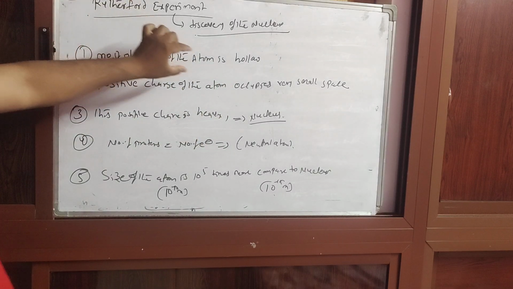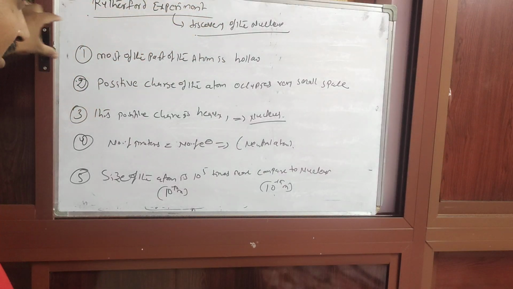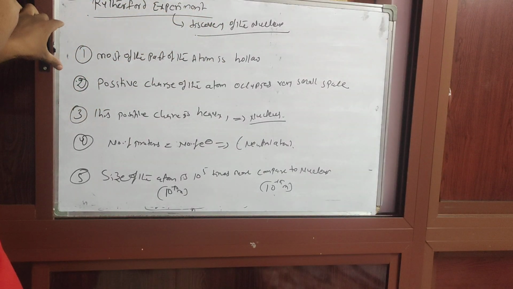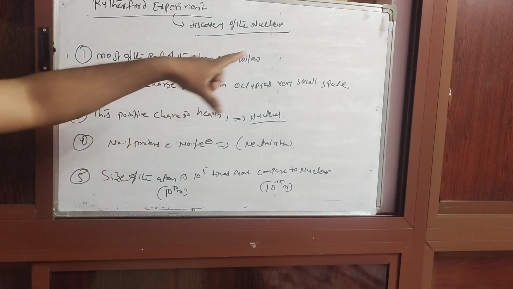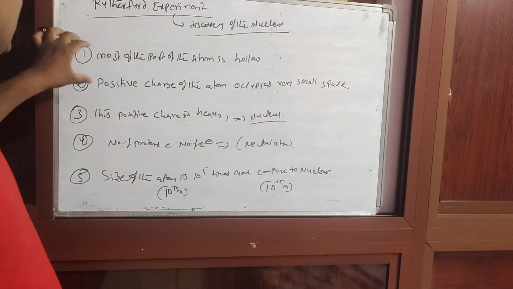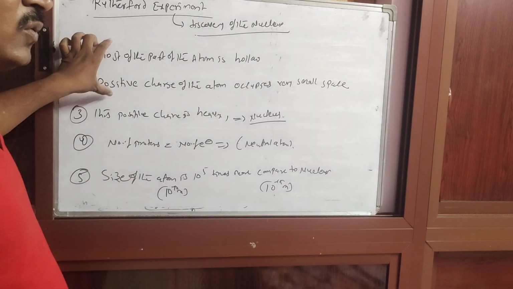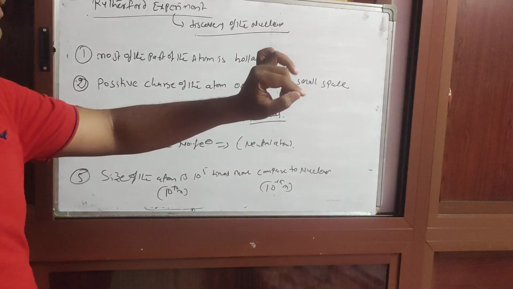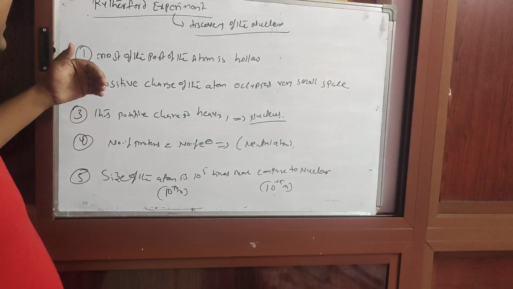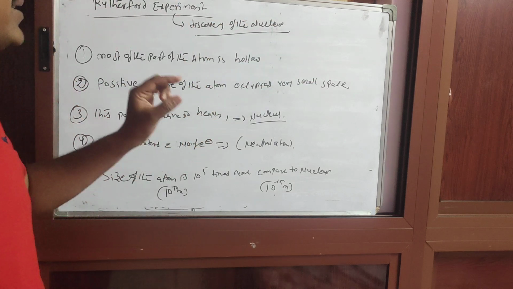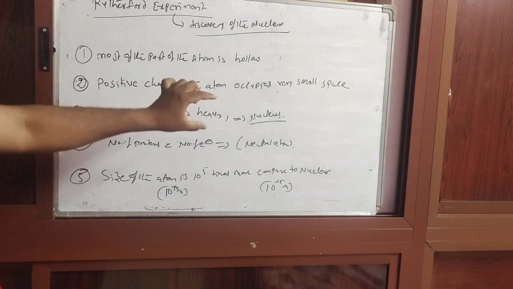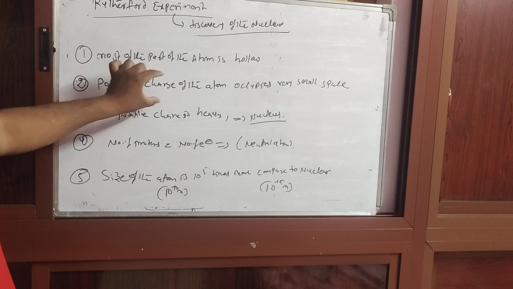Most of the atom is hollow because the alpha particle passes through the gold foil and hits the observer screen. He observed one more thing: out of 20,000, only one particle is returned back at 180 degrees, which means there is something at the center with heavy mass and heavy positive charge.